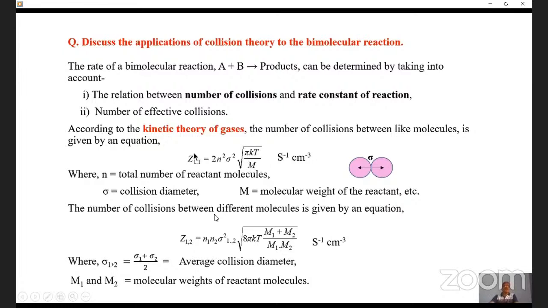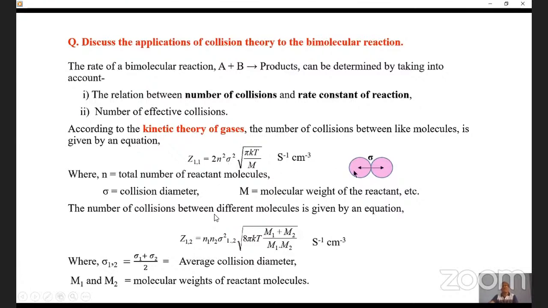In this equation, Z11 is the number of collisions taking place between two A molecules, or like molecules. N squared denotes the total number of molecules present in that container, and sigma denotes the collision diameter.